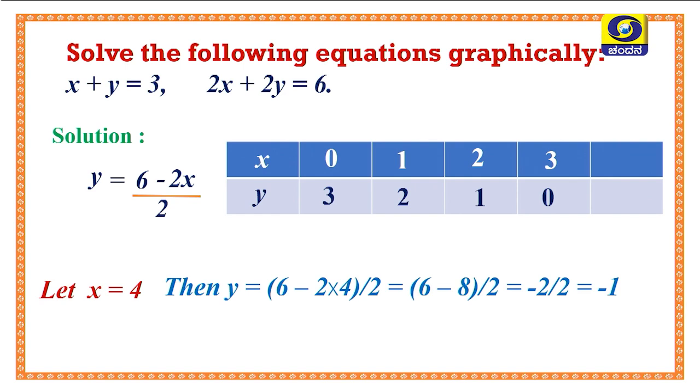When x becomes 4, y is equal to 6 minus 2 into 4 divided by 2, that is 6 minus 8 divided by 2. 6 minus 8 means minus 2, very good, minus 2 divided by 2, that is minus 1. So, when x becomes 4, y becomes minus 1. These are the coordinates we got, children.